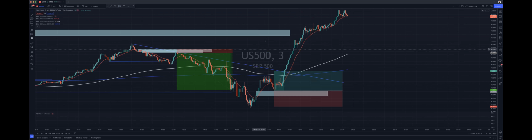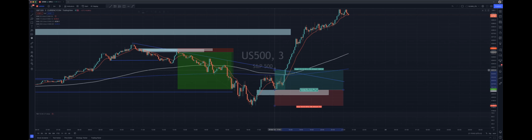What's your target? Okay, you're targeting the highs of the morning, which were around here. So at this point, it was 1:2. But now remember, as the trade moves in your favor, the stop loss moves under the OB to break even. So if it goes to this OB now, your 1:5 would have been here, right?